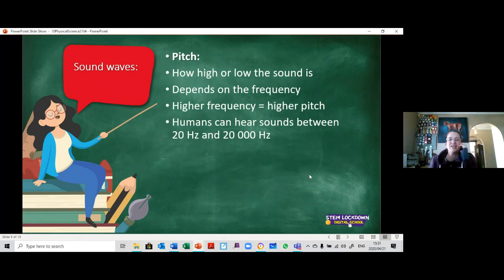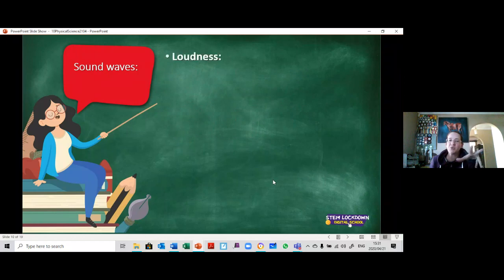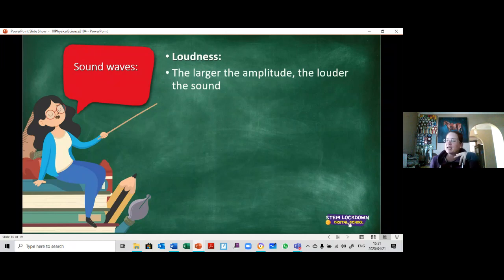So then from pitch, we go to loudness. Loudness is how much energy something has. So the bigger the amplitude, the louder the sound. But now you need to be careful. All of us have ears that are differently sensitive to different frequencies.